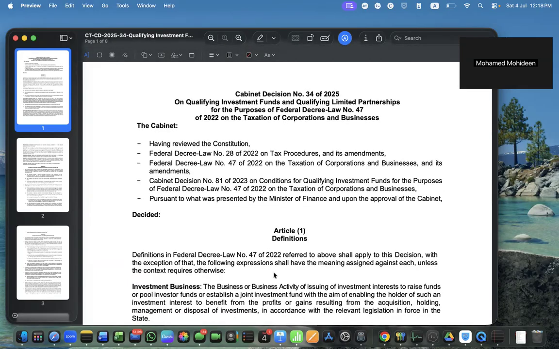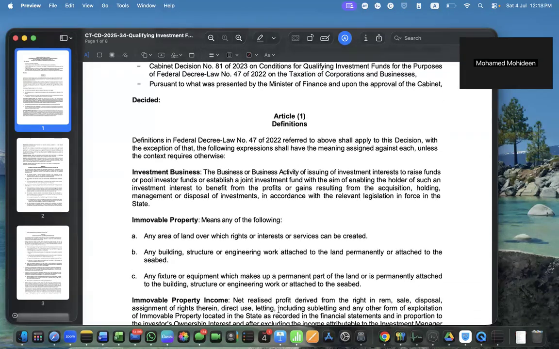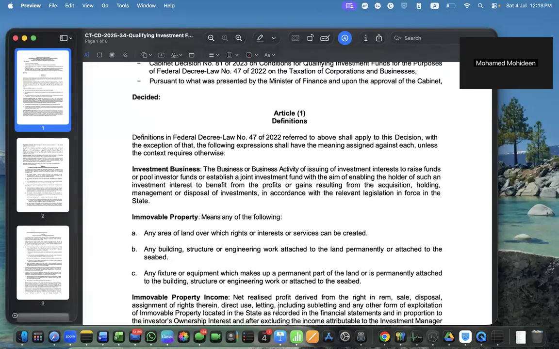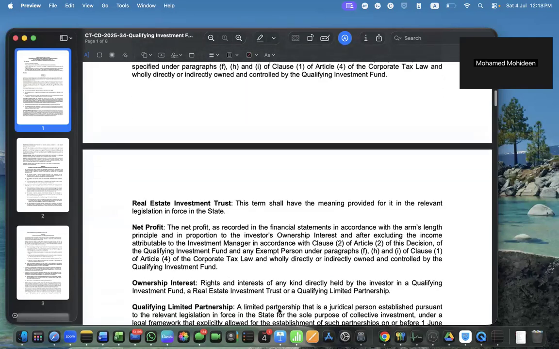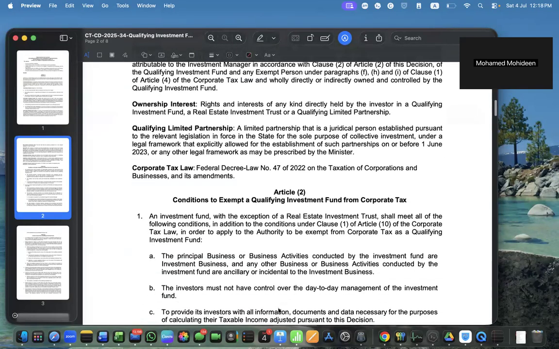For a long time, since 2022 actually, until 2025, the nexus existed as only one thing, immovable property. In 2025, for the first time, the concept of nexus was expanded to include the investment fund as well.